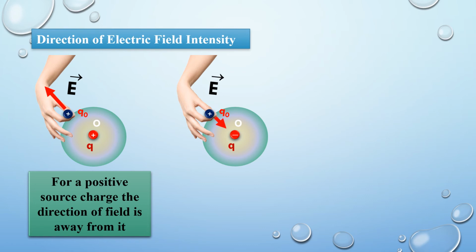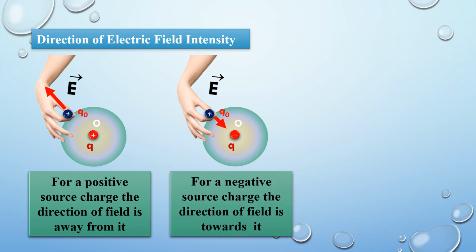Hence, this test charge now is attracted towards the source charge, which shows the direction of electric field. Hence, for a negative source charge, the direction of electric field is towards it, or we can say is inwards. Hence, I can conclude this saying that for a positive charge, electric field is always pointing outwards, and for a negative charge, the electric field is always pointing inwards.